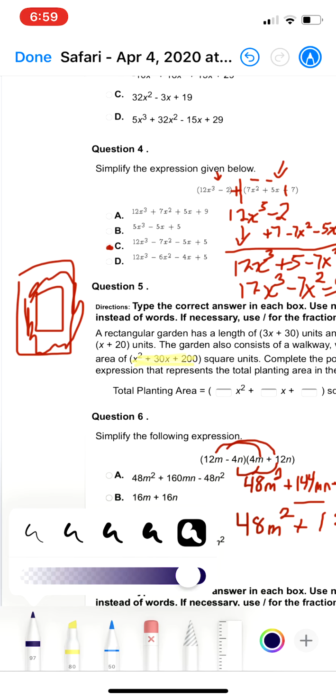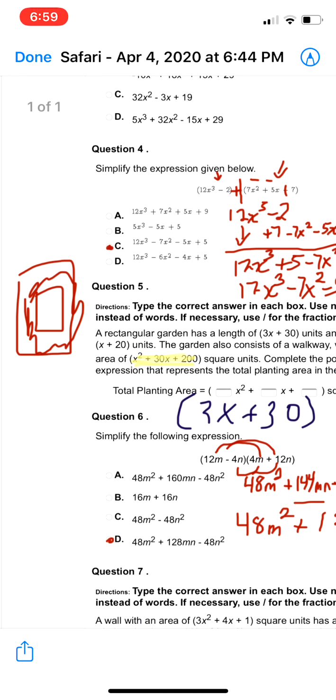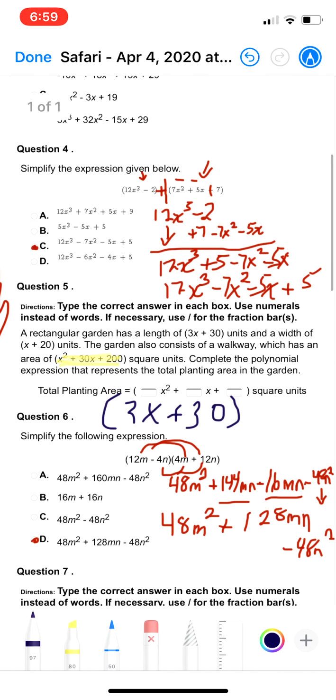You would need to do 3x plus 30 times x plus 20. And you'd have to FOIL that, okay?